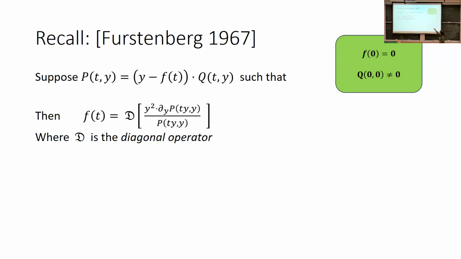But step by step, if p has a small constant depth circuit, by the previous slide, the derivative has a small constant depth circuit. The ratio can be written as a small constant depth circuit. Even if it's a power series, all the coefficients have small constant depth circuits. And this diagonal operator also maintains this property of having small constant depth circuits because it's pulling out certain monomials in this big expansion, which you can recover by interpolation, which can be carried out by small constant depth circuits.